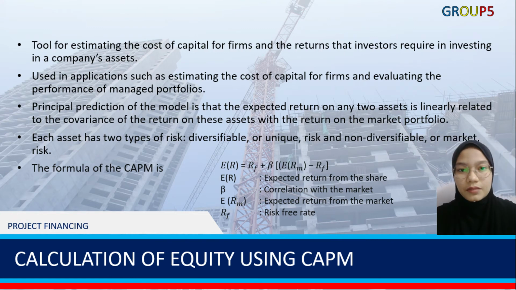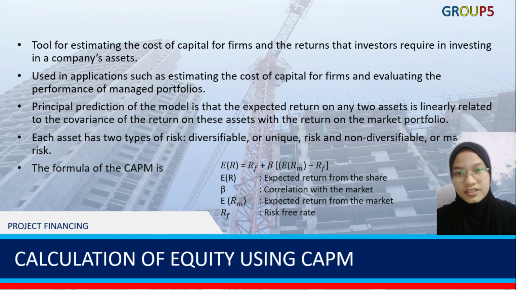A principal prediction of the model is that the expected return on any two assets is linearly related to the covariance of the return on the asset with the return on the market portfolio. Each asset has two types of risk: diversifiable or unique risk, and non-diversifiable or market risk.